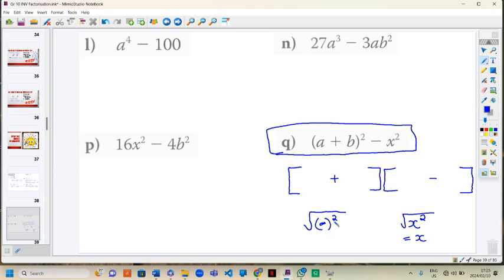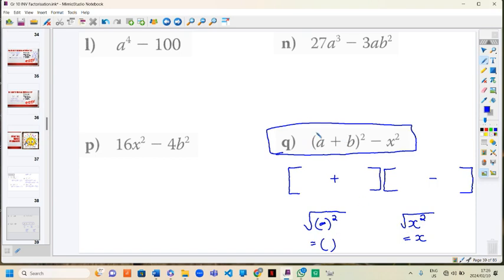If I square root a bracket squared, what am I going to get? The square root of x squared is x, the square root of a bracket squared is a bracket. Nothing too difficult there.